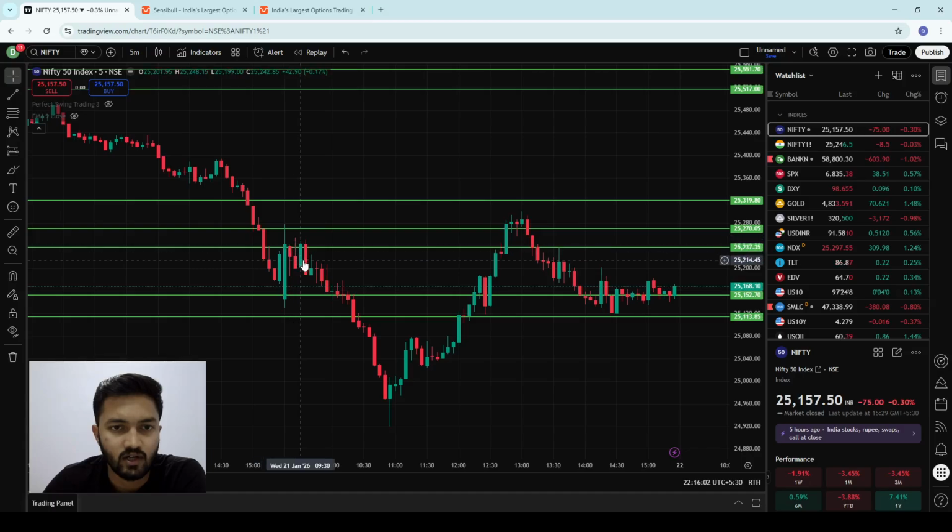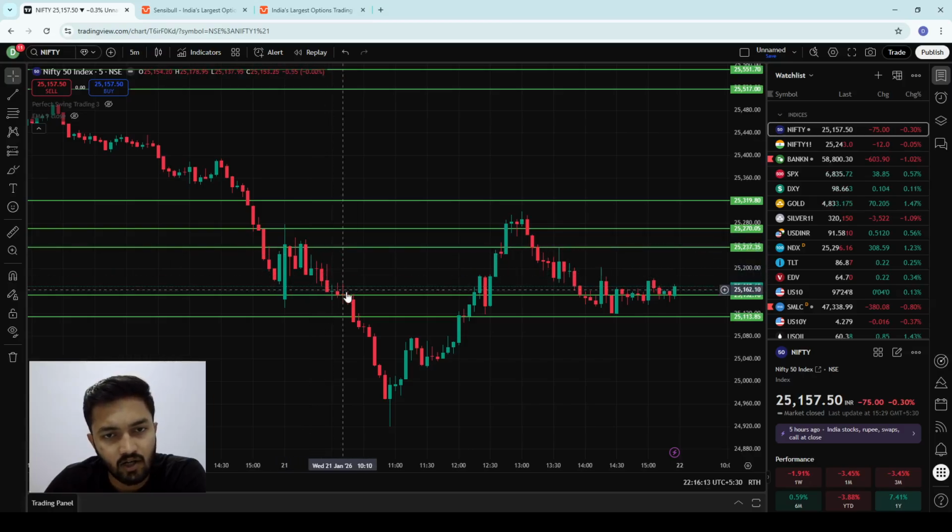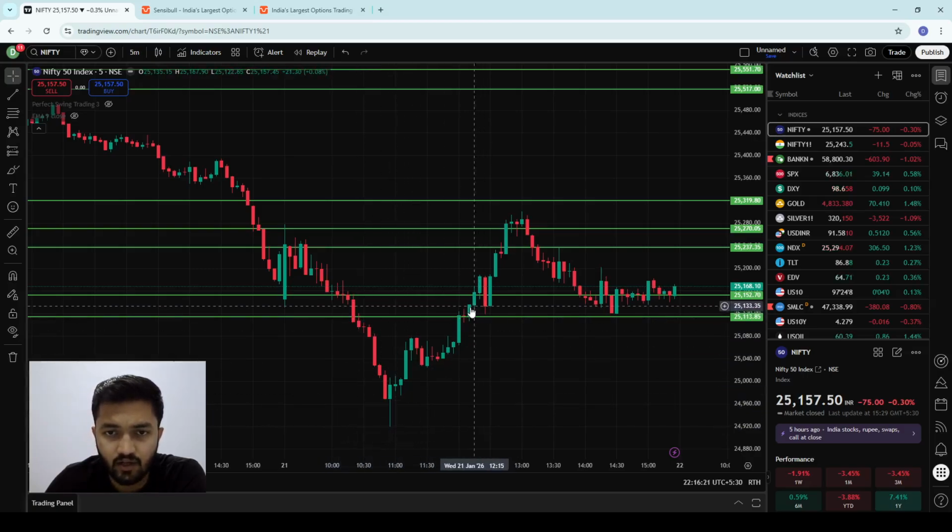Let's see what happened today. So this was some sort of opening. Market was not able to break this particular resistance. What happened next? Market moved down. It was some sort of support again. It did break the support, and then it went down. It tried to recover, broke the resistance, and again went up.